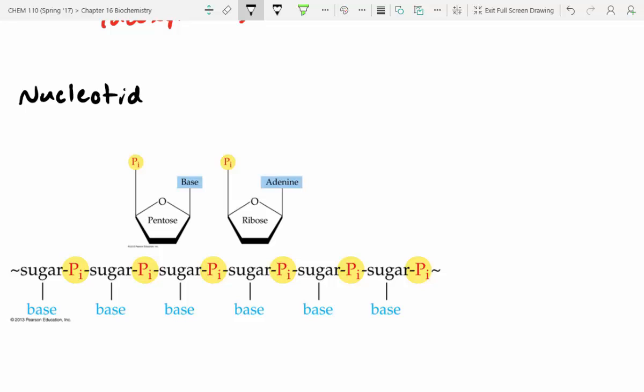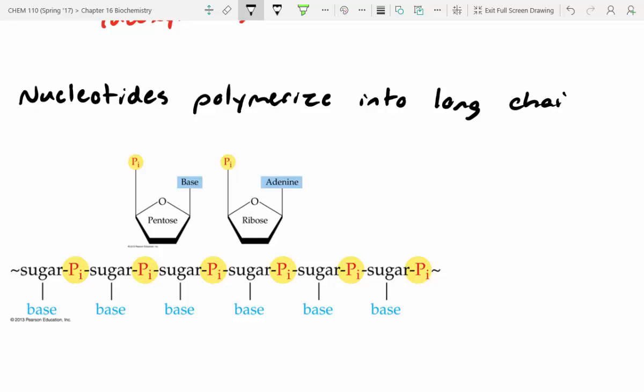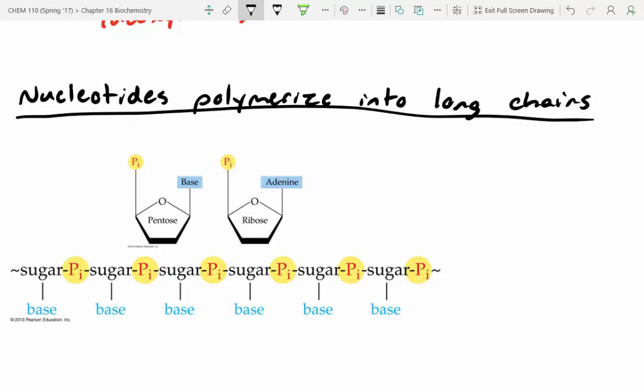So nucleotides polymerize into long chains. You can tell these get really, really complicated really fast, but the backbone of the polymer is basically sugars and phosphates.